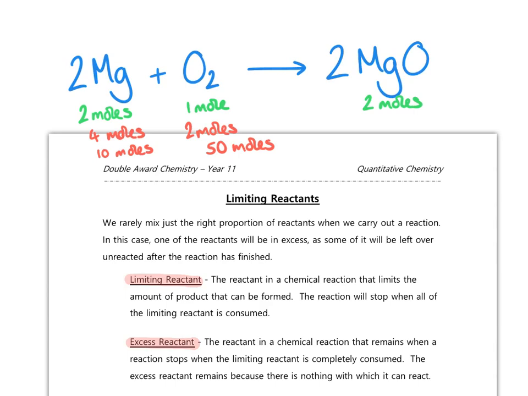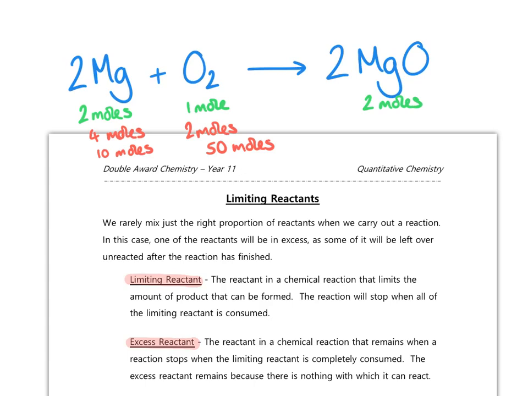Then we've got what we call the excess reactant, and that's the one where essentially we have excess of it, just as the name suggests. It's the one that remains when the reaction is complete. So for example, once we've used up our limiting reactant, there will always be a bit of the excess reactant left. The reaction cannot continue because there's no more of the limiting reactant, but I'll have some left over of the excess reactant.